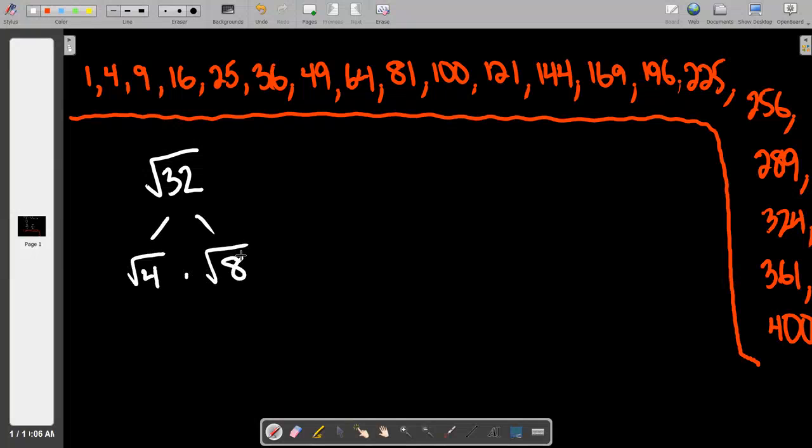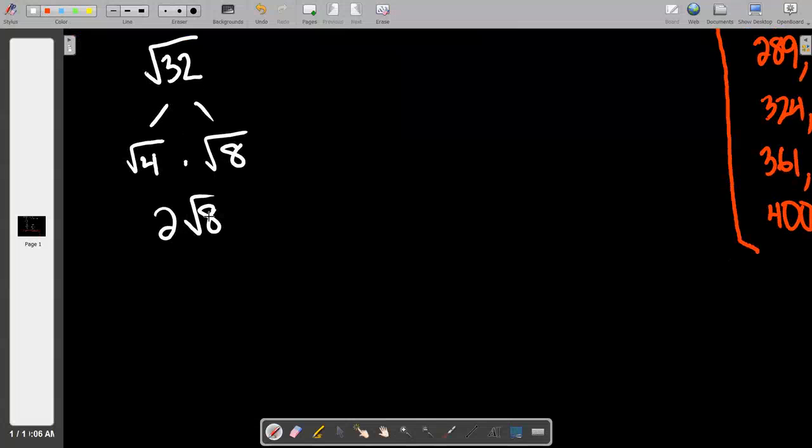See how gross. So 4 times 8 equals 32. What's wrong with this? What's the square root of 4? 2. So my answer is 2 root 8. Get off my back. No, because the root of 8, you'd have to break down on its own again. So now I'd have to go, oh no, off the 8, I've got to make 2 more roots. And what makes 8? 4 and 2. I'm always going to put the square rootable one first.